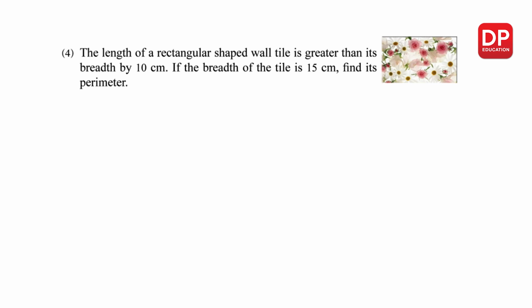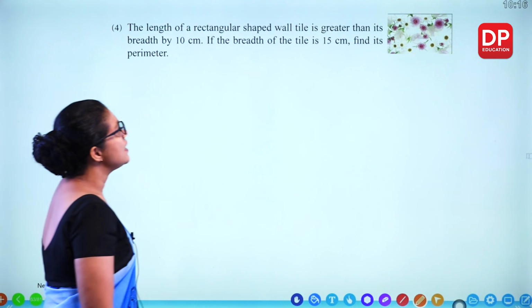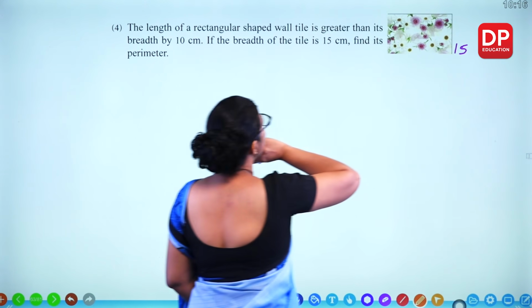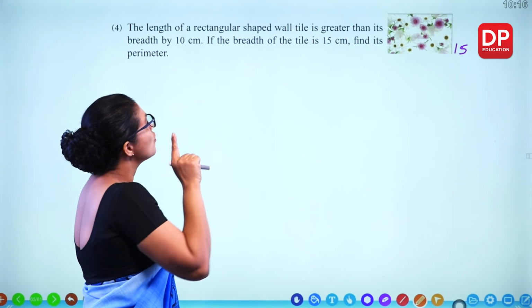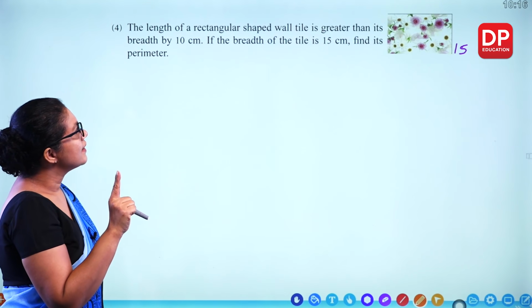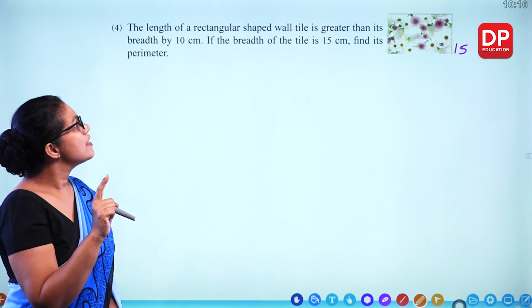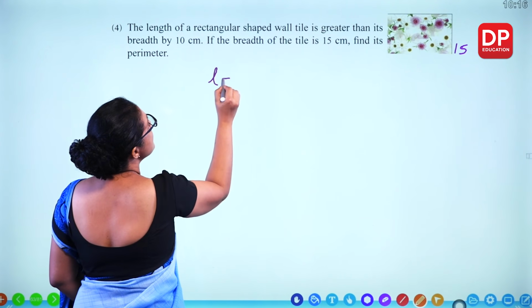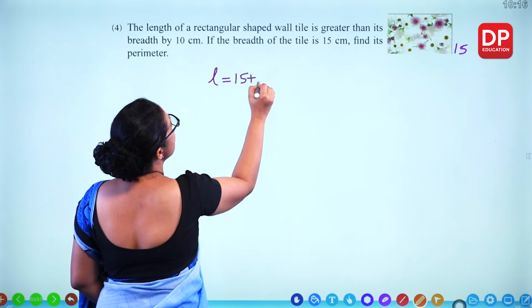Question number 4. The length of a rectangular shaped wall tile is greater than its breadth by 10 centimeters. If the breadth of the tile is 15, find its perimeter. So what's the length? Length is 10 centimeters more than the breadth. So length is 15 plus 10.